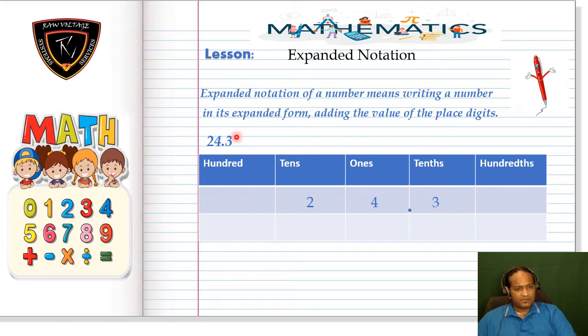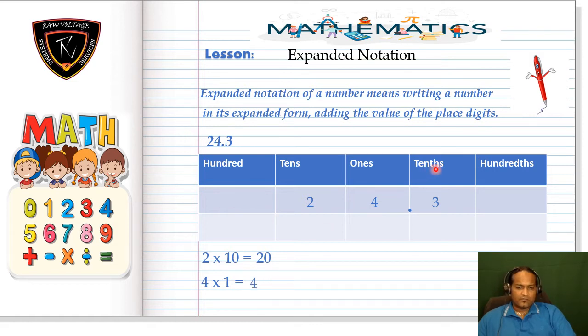Now, we have to do the place value of each digit here. We know the 2 is in the tens place, so 2 multiplied by 10 is equal to 20. The 4 is in the ones place, so it's 4 multiplied by 1, which is equal to 4.